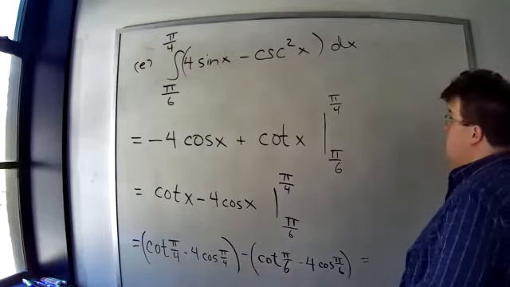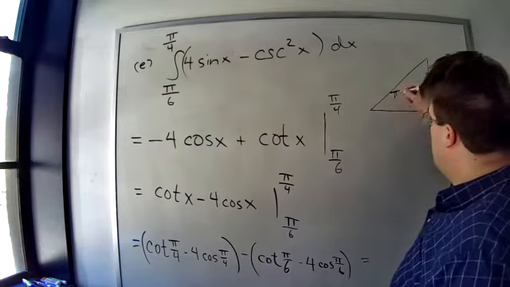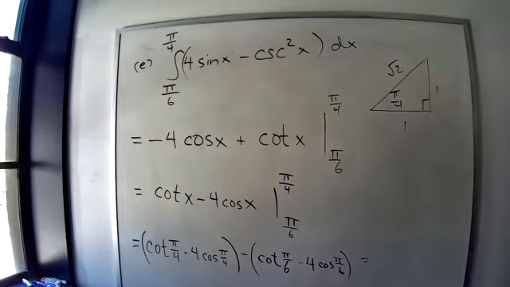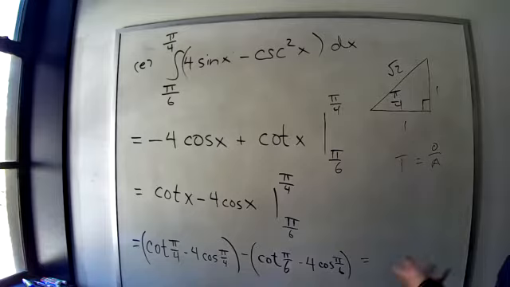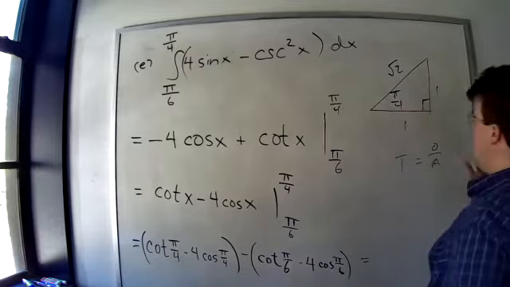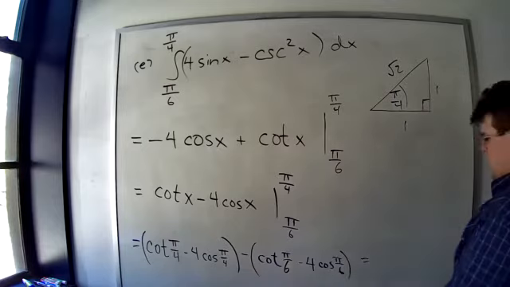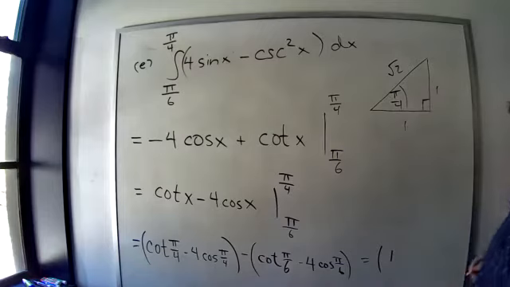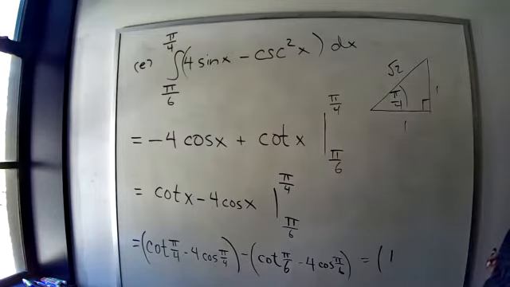Subtract them. What is the cotangent of pi over 4? Well, first quadrant. Tangent is opposite over adjacent, so cotangent is adjacent over opposite. The tangent of pi over 4 is 1 over 1, so the cotangent of pi over 4 is 1 over 1. So we get 1. What is the cosine of pi over 4? Cosine is adjacent over hypotenuse. 1 over root 2.